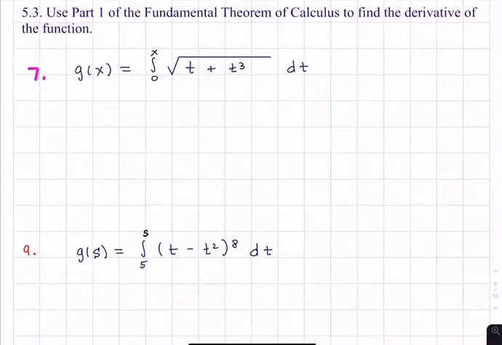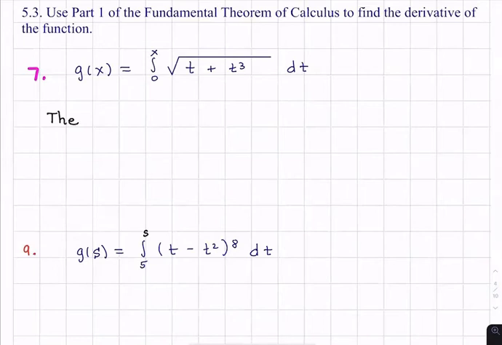Solve this section 5.3 problem where we're using part one of the fundamental theorem of calculus to find the derivative of the function. Okay, so let's write down first what the fundamental theorem of calculus is.